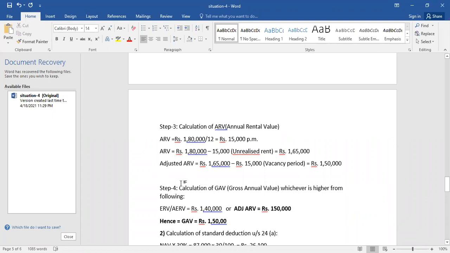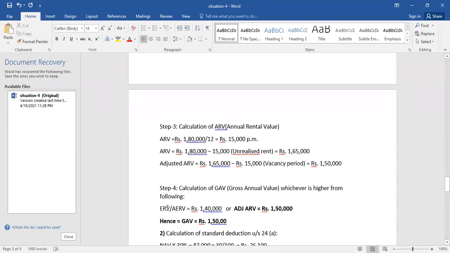Directly here you have to write, because the ARV cannot be more than ERV, hence GAV is equal to ARV. But here, as it is adjusted ARV, or annual rental value after deducting unrealized rent and after deducting the vacancy period, this ARV is still more than ERV.